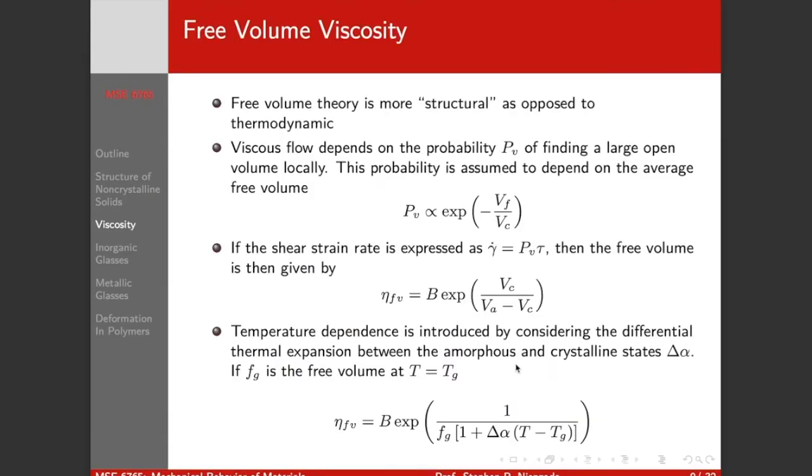Okay. So the reaction rate viscosity is kind of thermodynamic in flavor. We think about things in terms of an Arrhenius rate type behavior. The free volume model is a little more structural. It still comes down to the Arrhenius model being a probability model, basically, right? How likely is a jump to be successful?